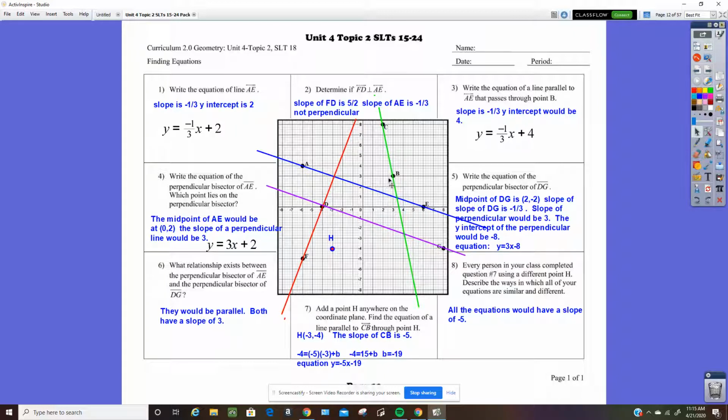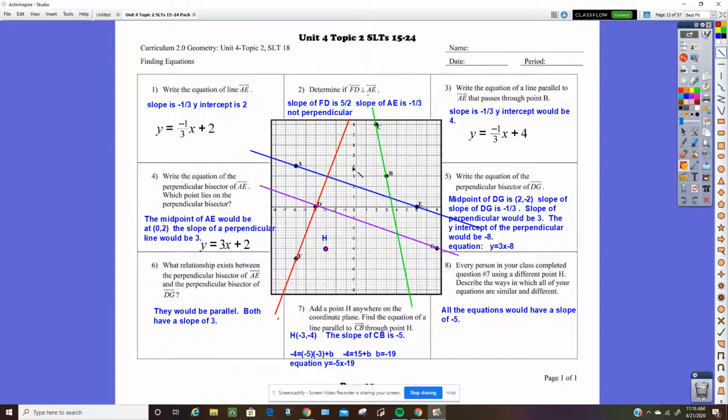So if I do a slope of negative 1/3, it would be up 1 and left 3, which would be this point right here.